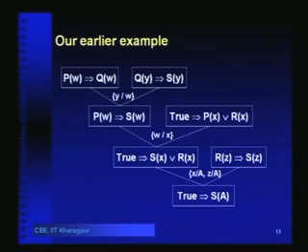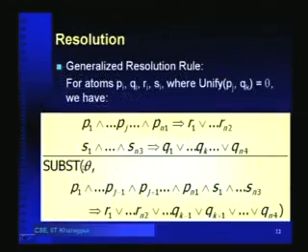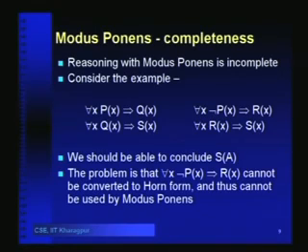Now, let us see our earlier example and see whether it is solved by this. Do you remember the example that we had, or let me write it down once again. Yes, we had this example.